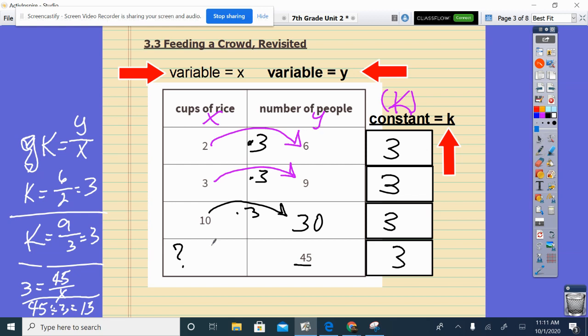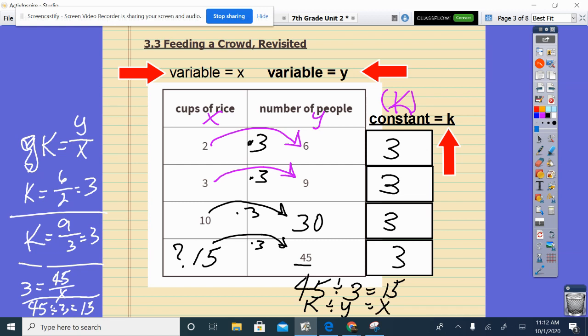So that is demonstrating how I can go back and forth between the two. Because 15 times 3 equals 45. And again, to get that, all I did is I took y and divided by the constant, and that gave me the x.